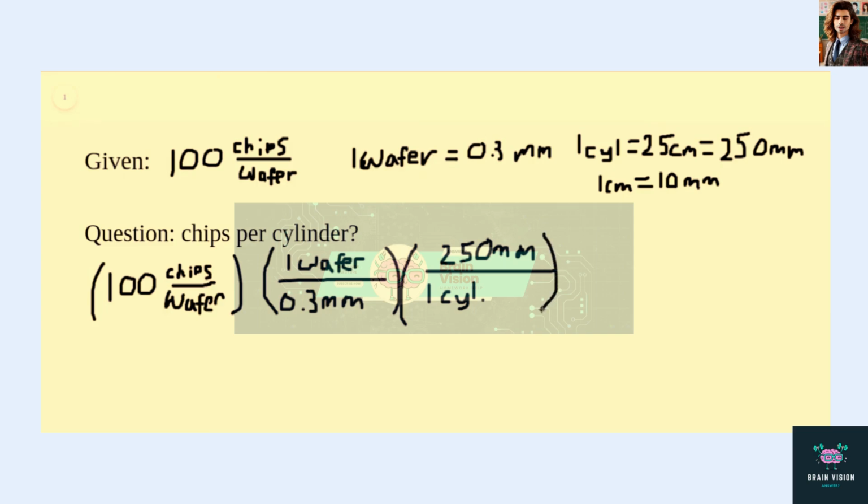Okay. So if you go ahead and multiply all of these conversions, you find out that you have 83,000 chips per cylinder. Go ahead and box that in as our solution.